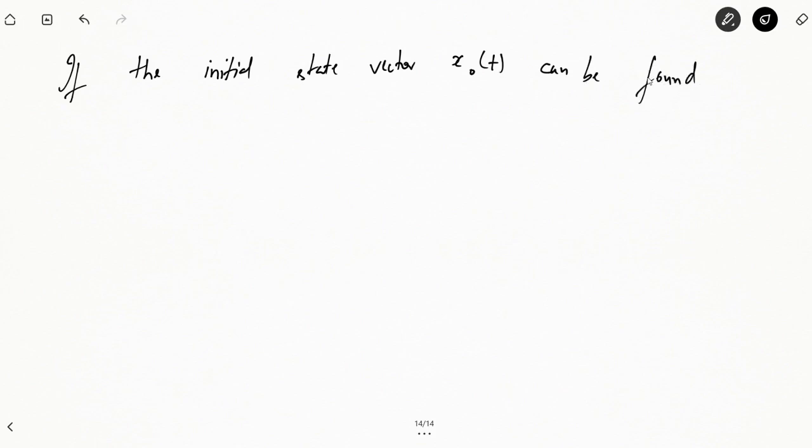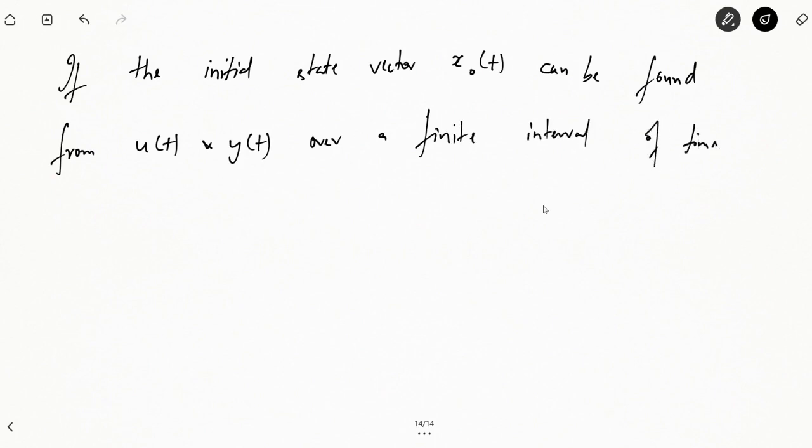So if we can find the states of a system, you will be requiring the knowledge of the input and that of the output. So if the initial state vector xt can be found from ut and yt over a finite interval of time, then the system is said to be observable.